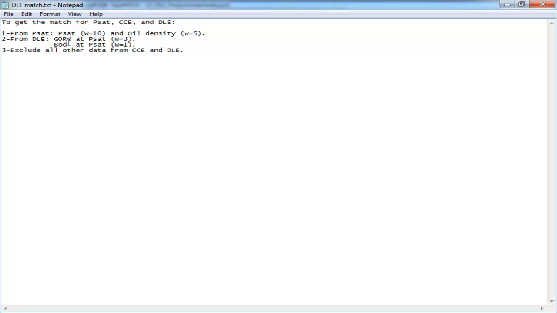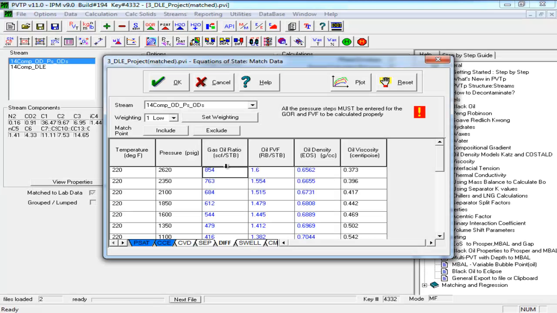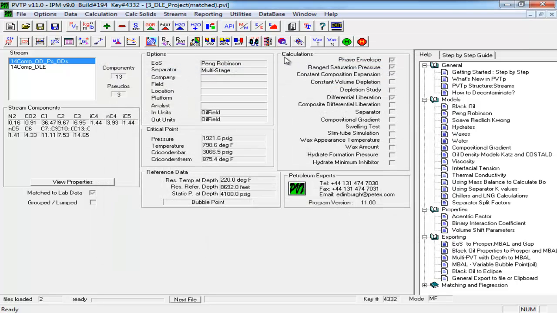For Bo, we will give the point at saturation pressure a low weight, since we know it's already matched. How to do that in the software? Just take the first one. Okay, I will copy that.